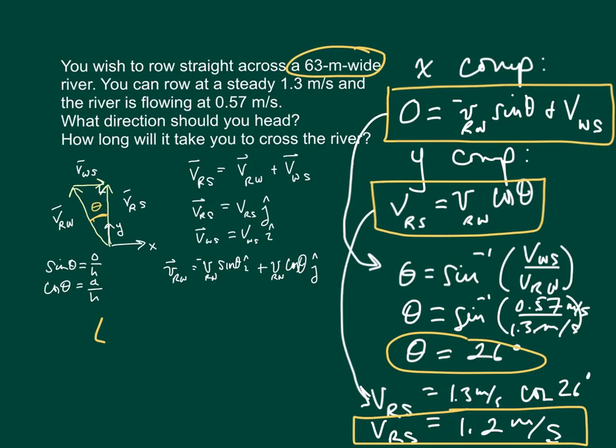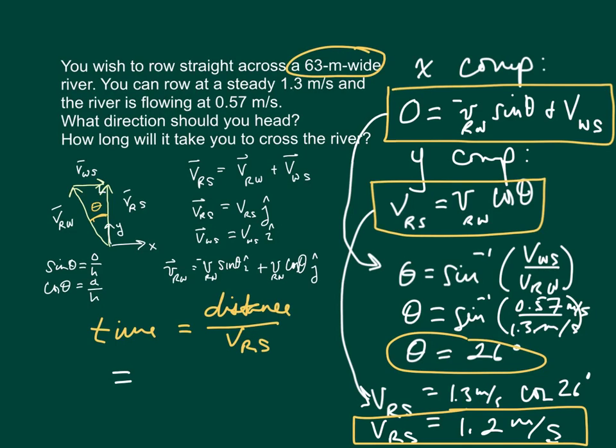So the time is going to be equal to the distance divided by this velocity v_rs.